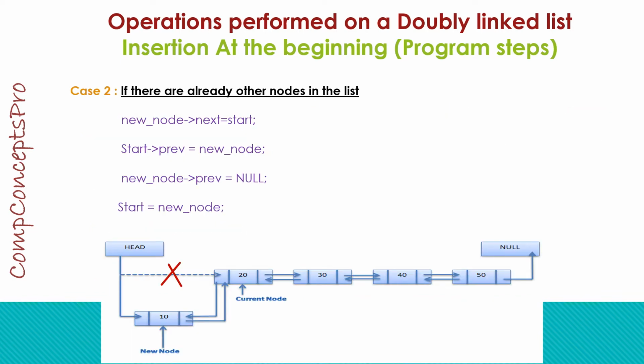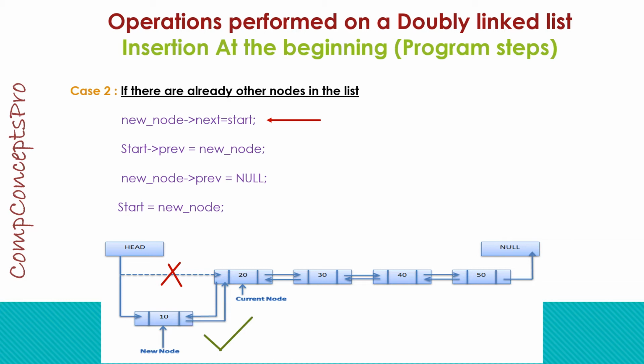The next case is if there are already multiple nodes present in the list. In that case, new node next should point to the current first node of the list. This current node's address is stored in the start pointer till now. That's why we have written new node next equals start. After that, we'll set previous of the current node to the new node, as you can see in the image.